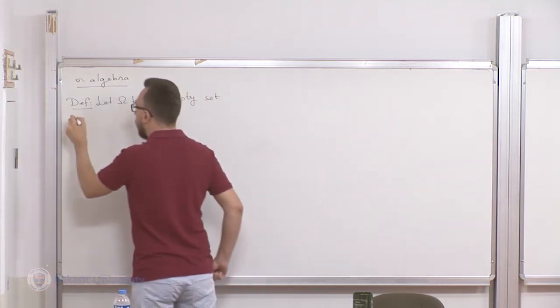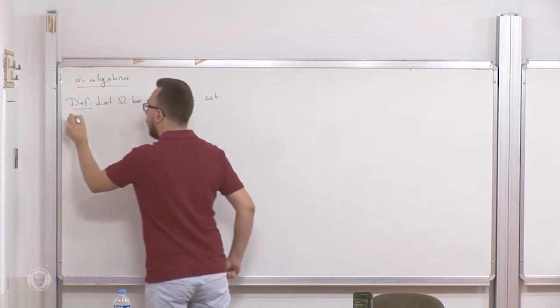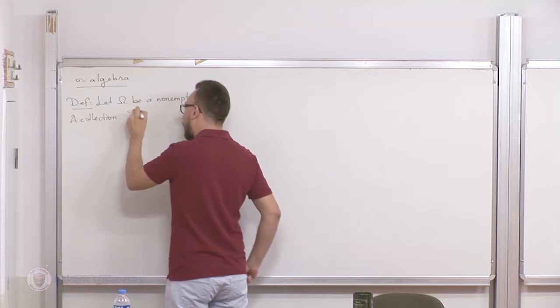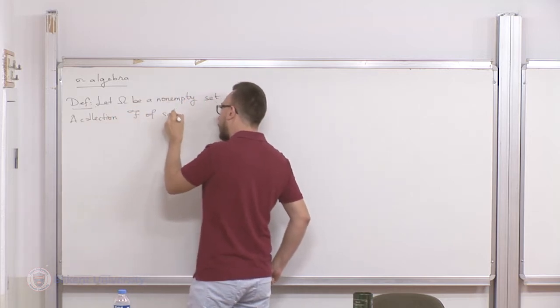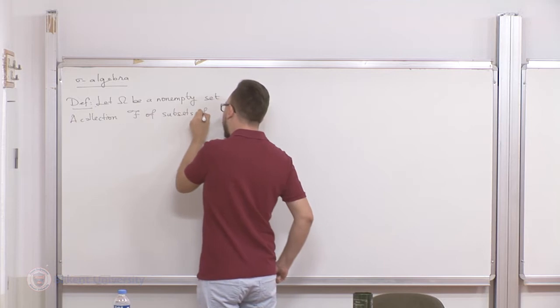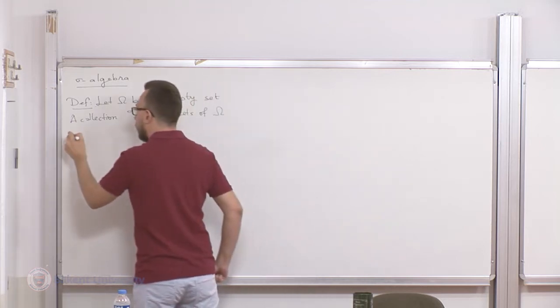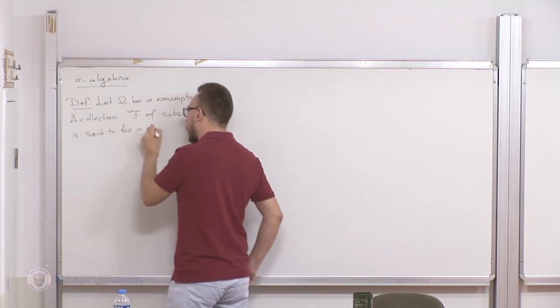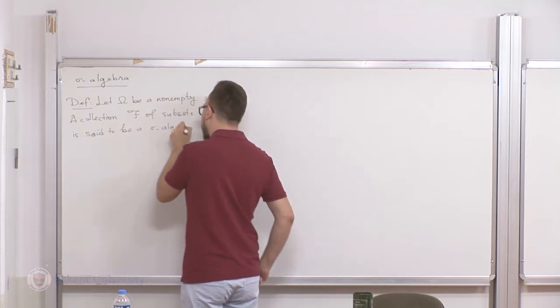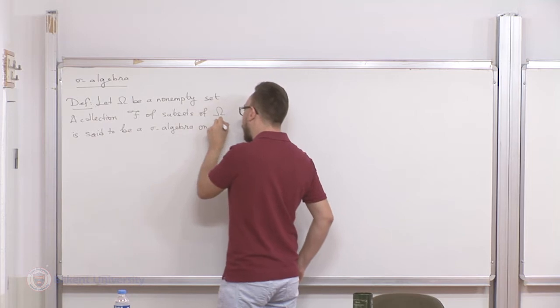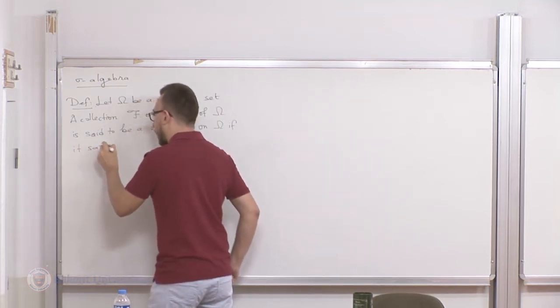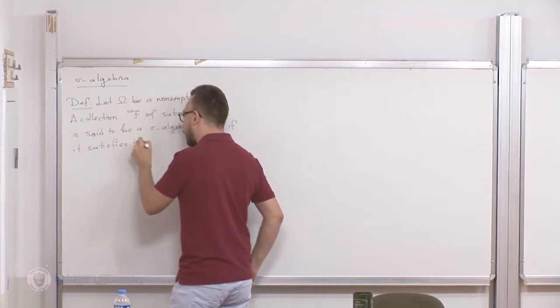And a collection F of subsets of omega is said to be a sigma algebra on omega if it satisfies the following properties.